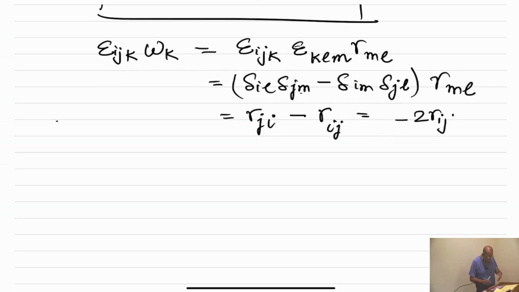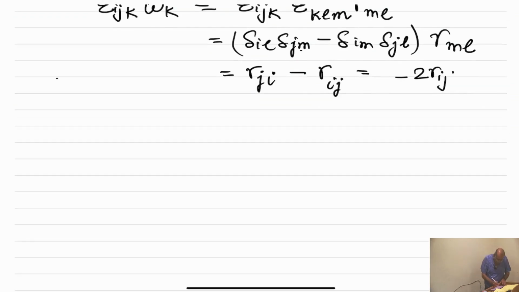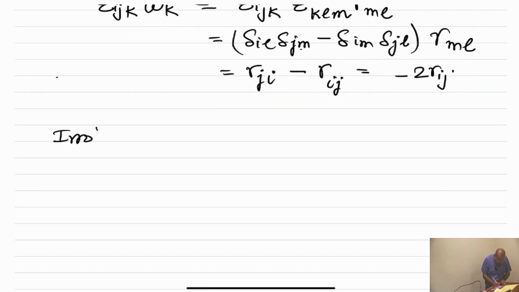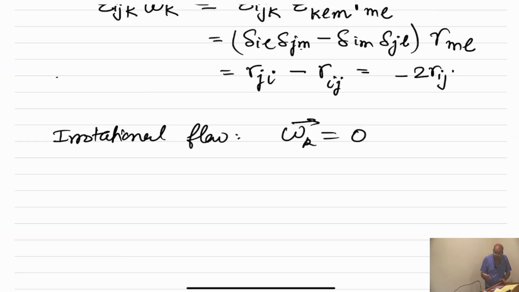Now I'll do some properties today of omega_k. First of all, when we have an irrotational flow, what does this mean? Omega is identically 0 in the flow, so the vector omega is 0.